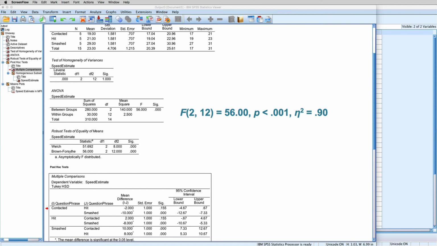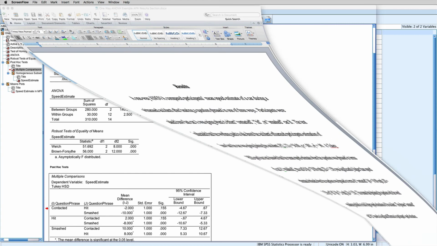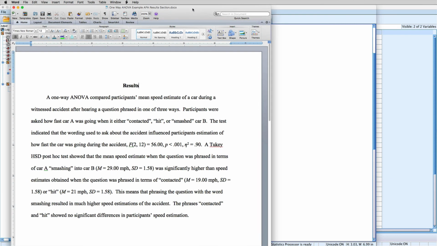In this case, because the p-value is well below even 0.001, we can put p less than 0.001. And then after that, we could put comma and then include the measure of effect size of eta squared, which was 0.90.